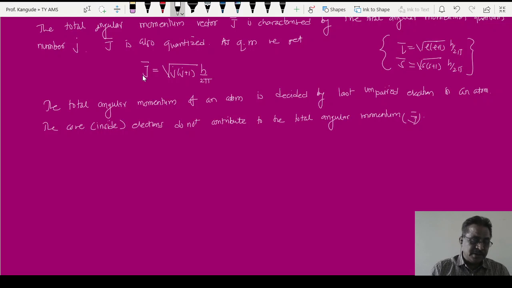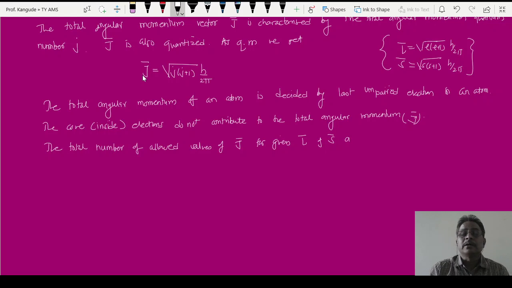And as we have already seen, the total number of allowed values of J bar for given L bar and S bar are as follows.